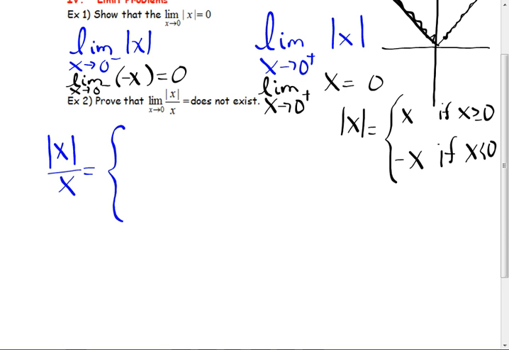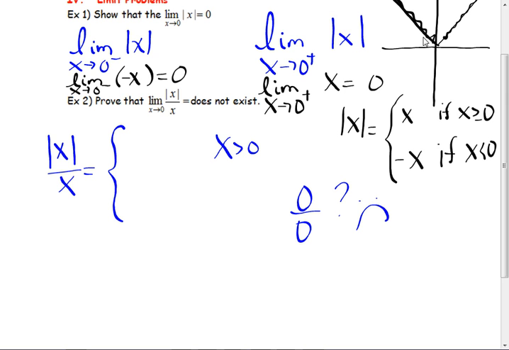When I mix it up with something else, then we got another problem. So let's take the limit as x approaches 0. As x is bigger than 0, what happens at 0, by the way? No, it's 0 over 0. We don't know. It doesn't exist. There's no value.